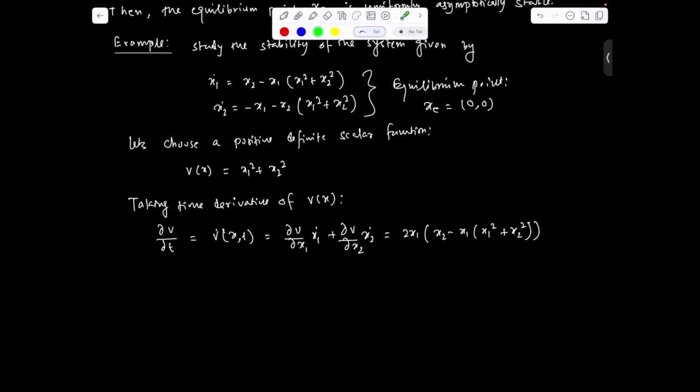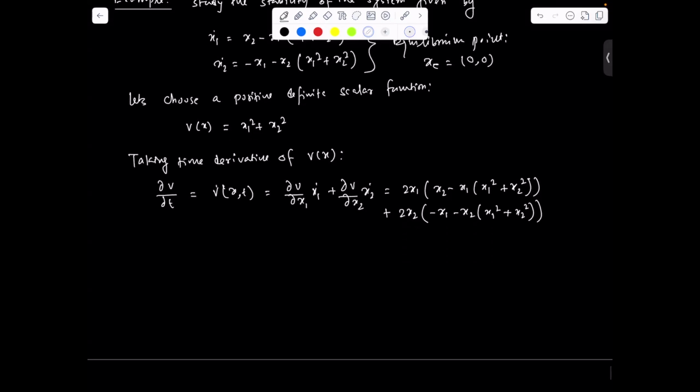And for the second part, we can write plus 2x2, and x2 dot we already have, minus x1 minus x2 times (x1 square plus x2 square). From this, we get the expression minus 2 times (x1 square plus x2 square).